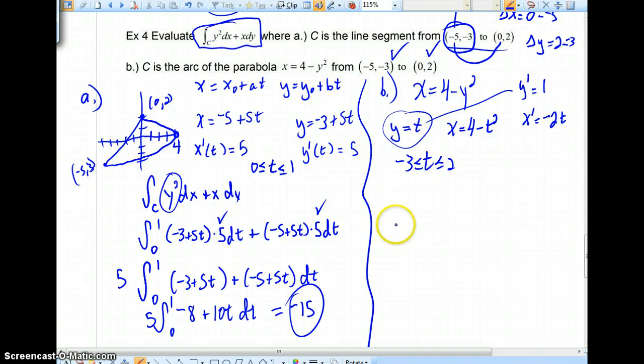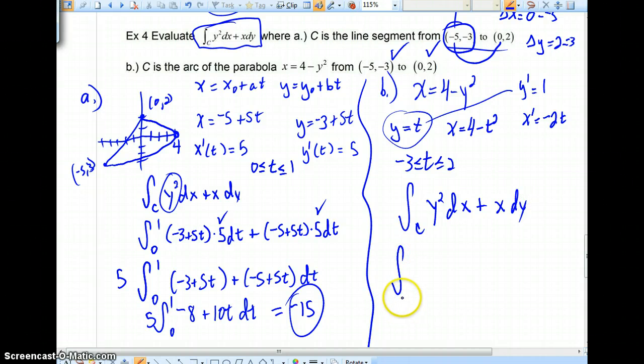So just working this same integral out, of course you're going to see that our setup's quite a bit different. We're going to still have a calc AB type of an integral, but notice even the bounds are different right now. Y squared is going to become t squared.